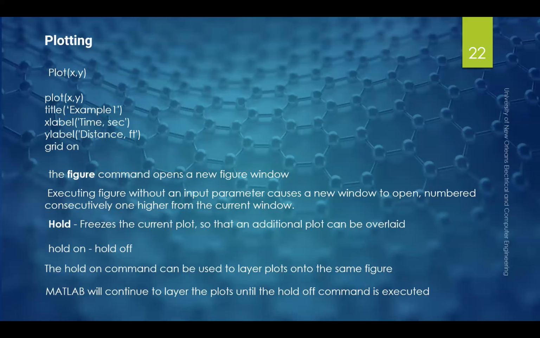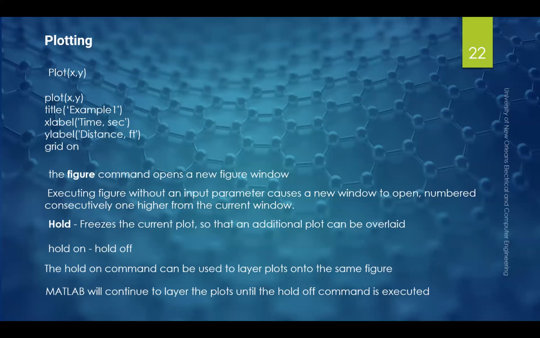So you can run, for instance, a set of commands to have 3 plots on one figure. You go hold on, hold off at the end, and then start again to have another 3 different plots in another figure. So you use hold on, hold off to manipulate how you want to see the plots on that figure. All right.